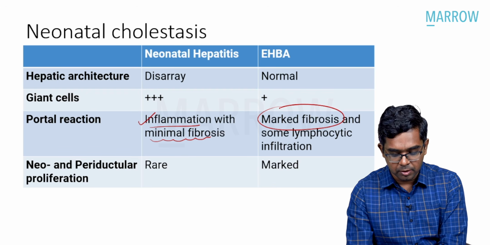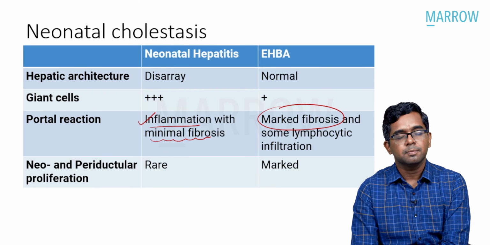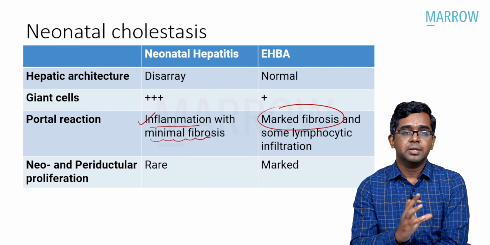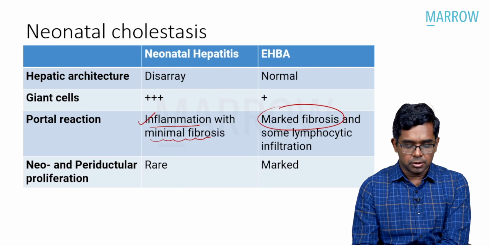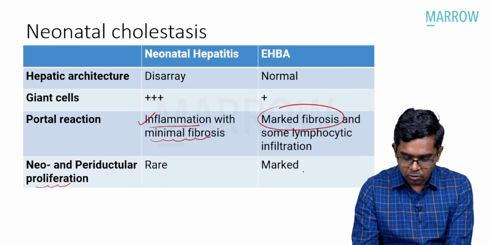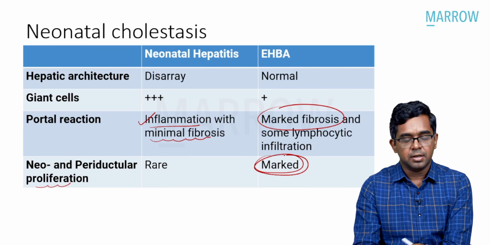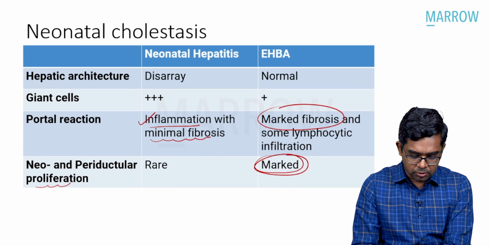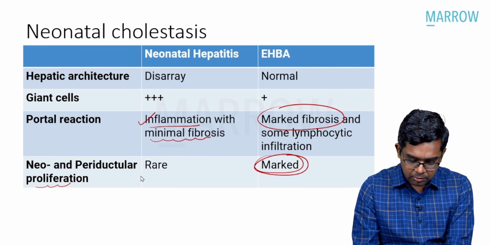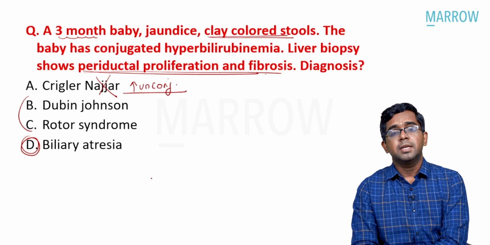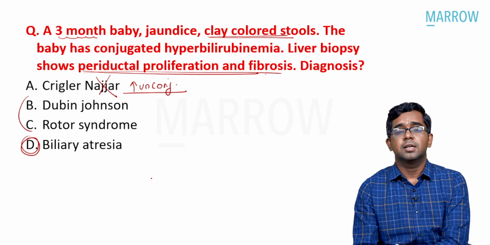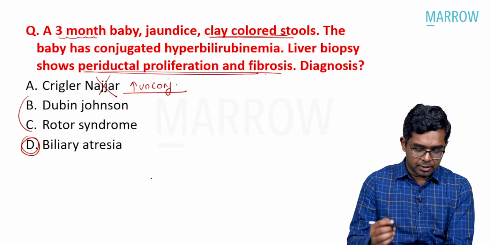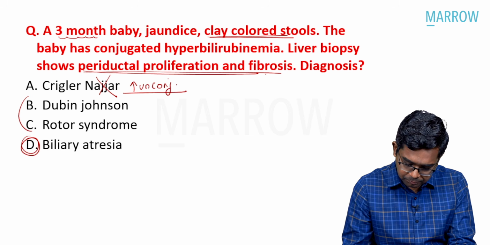Fibrosis is a characteristic feature. Next is neoductular and periductular proliferation, that means surrounding the bile ductules. It is a characteristic feature of biliary atresia only, and very rare in neonatal hepatitis. Going back to the question, it clearly mentions that the liver biopsy shows periductular proliferation and marked fibrosis, which is very classical of biliary atresia, and hence the answer for this particular question.